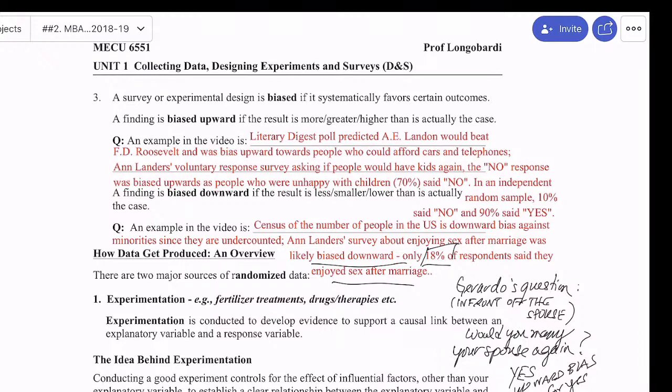So how do we know if it's systematically biased? Just by seeing the results, you're trying to explain it, and maybe conducting or asking a question in a different way, and seeing the comparison. That's how. So sometimes surveys are created with many questions.